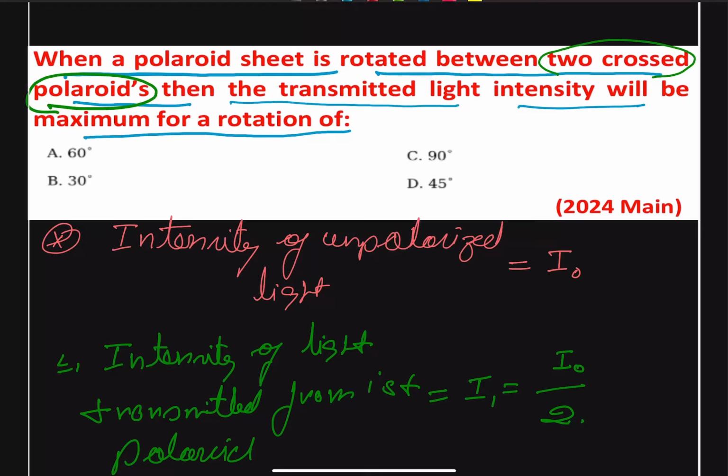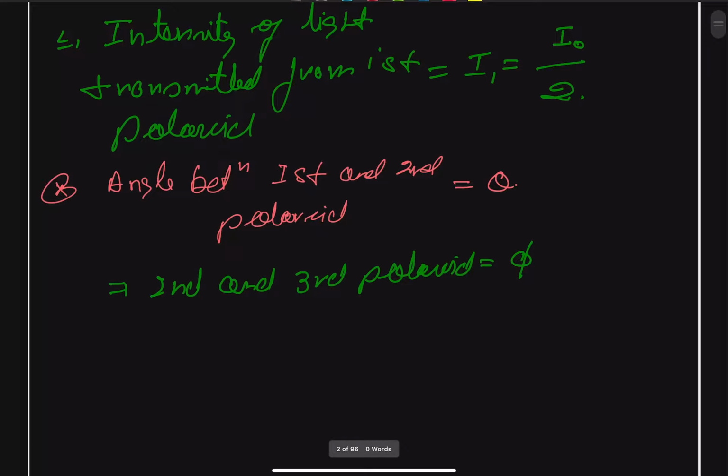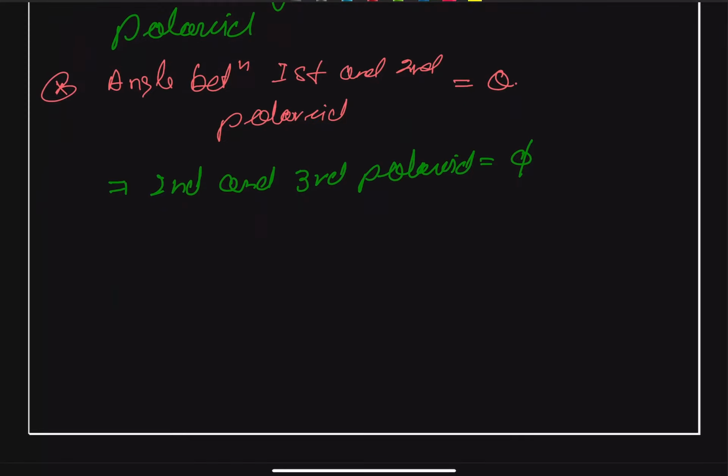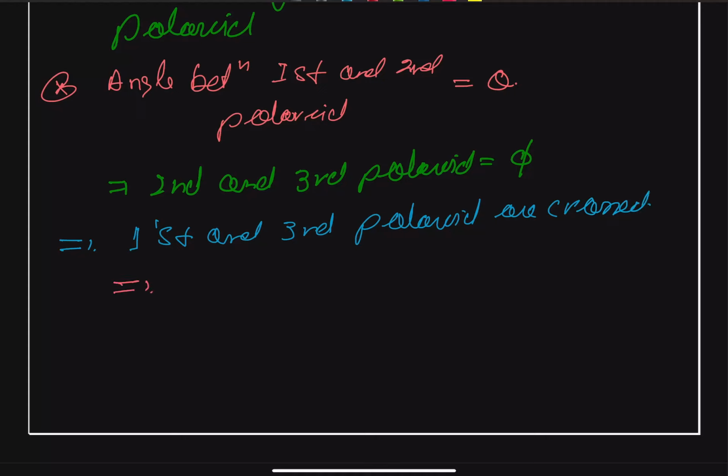Which basically means there are a total of three, first, second and third, and the second one is continuously rotated between the two crossed polaroids. So the first and third polaroids are crossed, therefore we can write that theta plus phi will be equal to 90 degrees, and from here our phi will be equal to 90 minus theta.